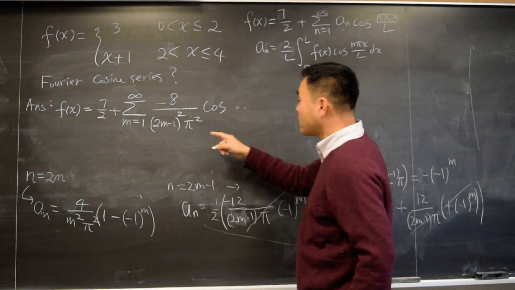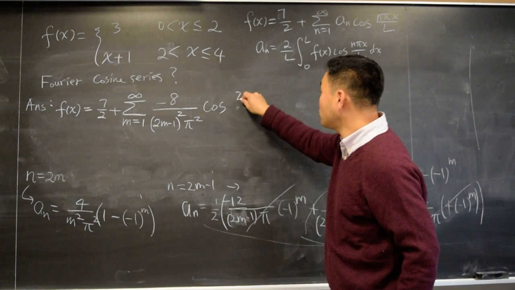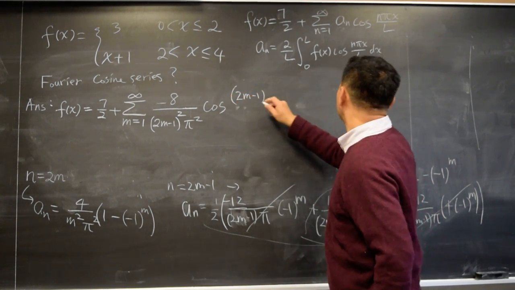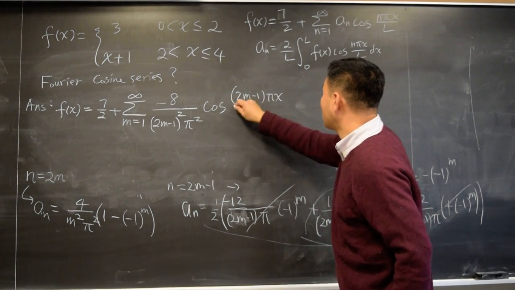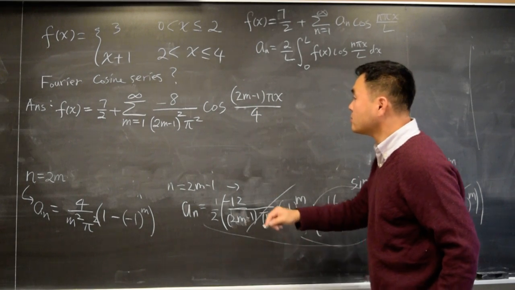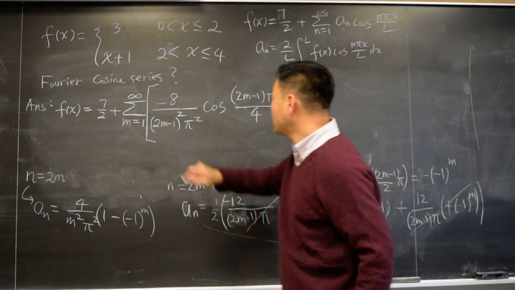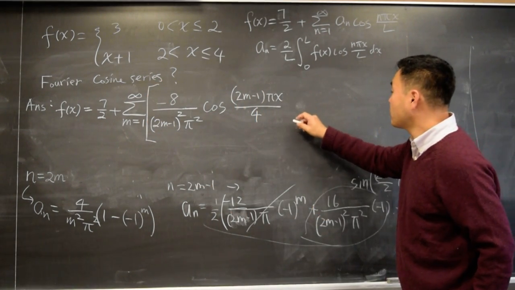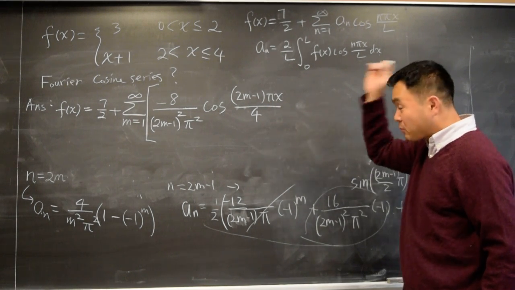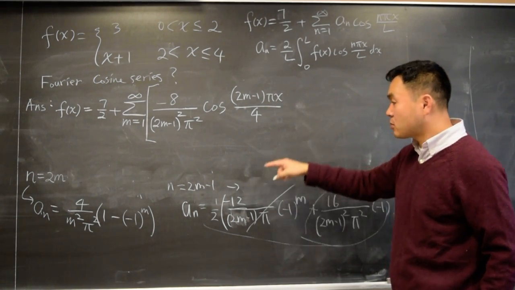right? But what is n in this case? 2m minus 1 pi x over 4. And then that's what happens for the odd numbers. For even numbers, we use this one.